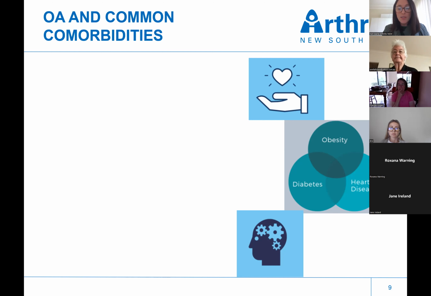That was really interesting. So I wasn't able to put all the comorbidities within that box. What I did is chose the most common comorbidities. As I was doing my research, these were the ones that popped up the most for those people with osteoarthritis.